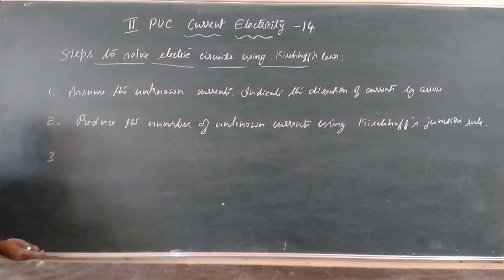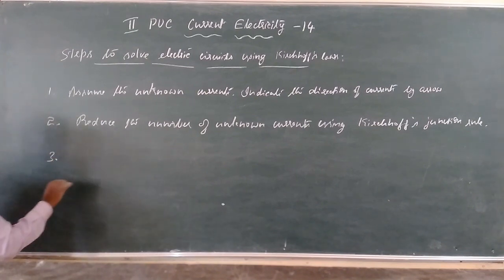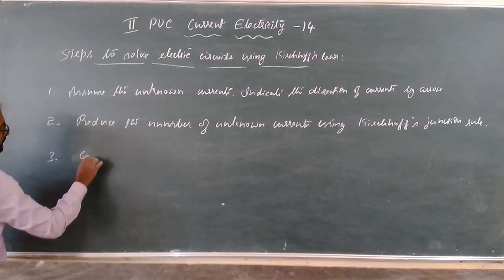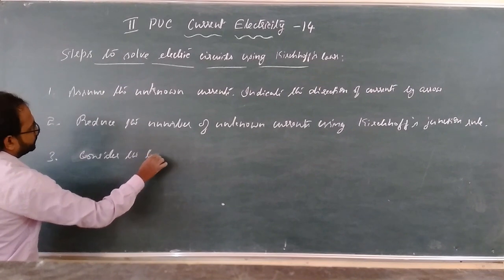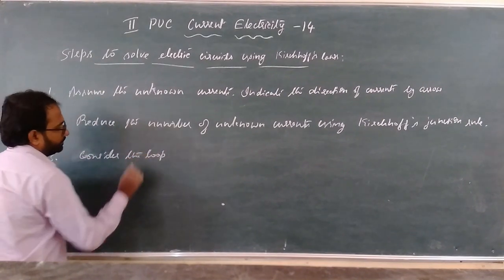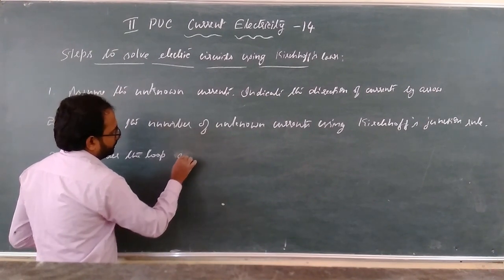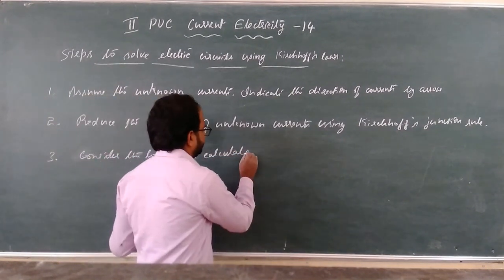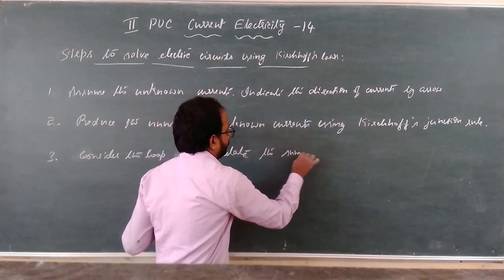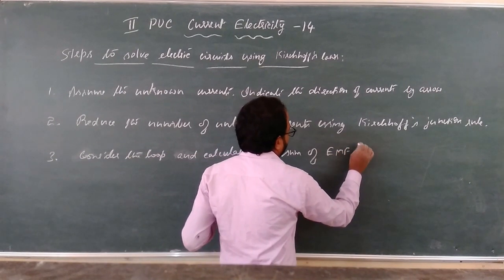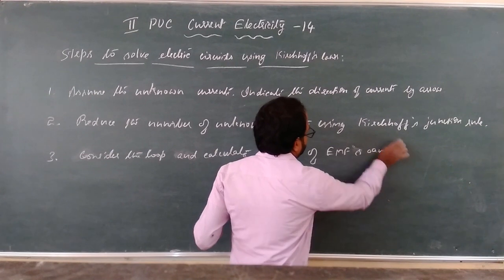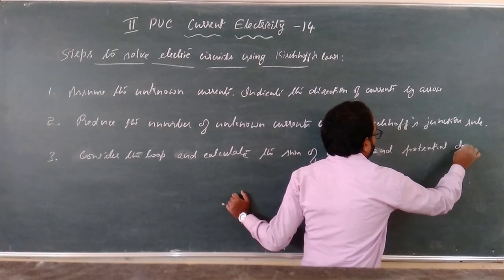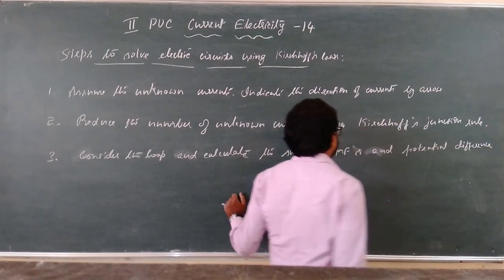And choose various loops. Considering the loop, calculate the sum of EMFs and potential drops.